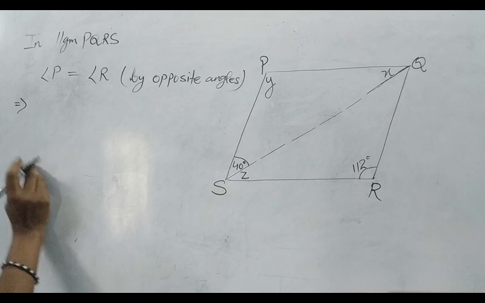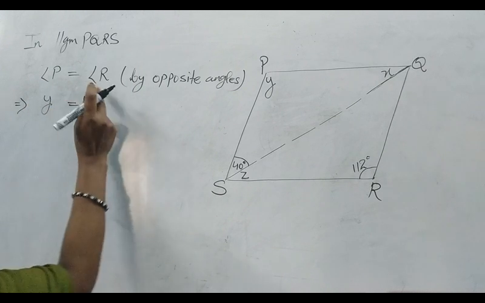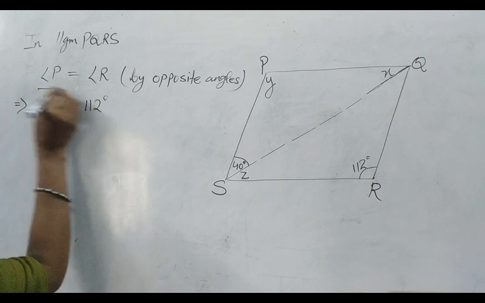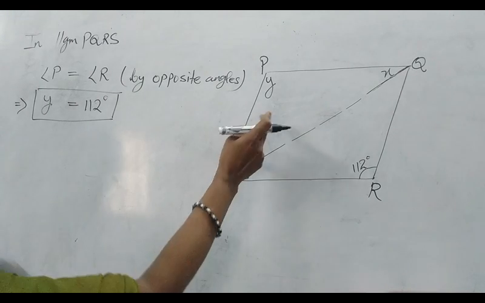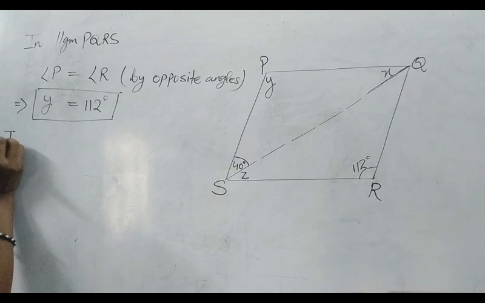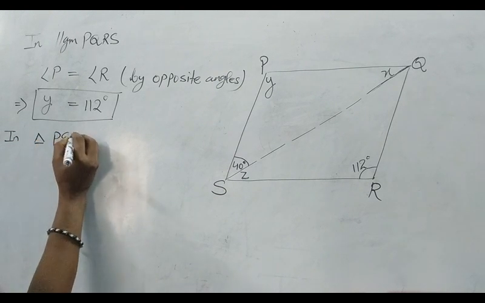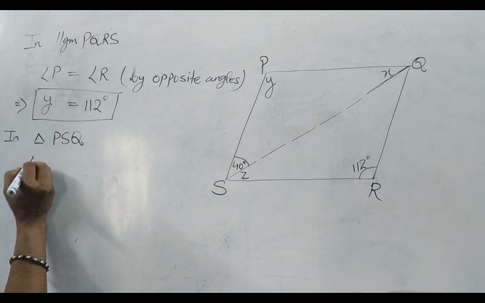So this implies angle P is named as Y and angle R is measured as 112 degrees. So the value of Y we found out. Now look at the triangle. In triangle PSQ, the upper triangle, the sum of three angles.